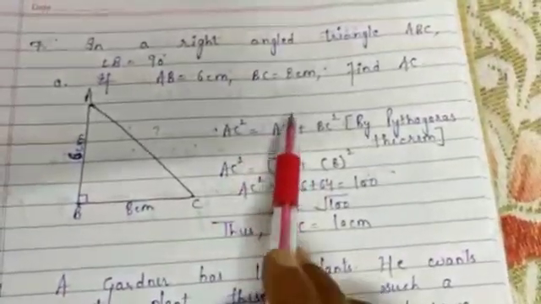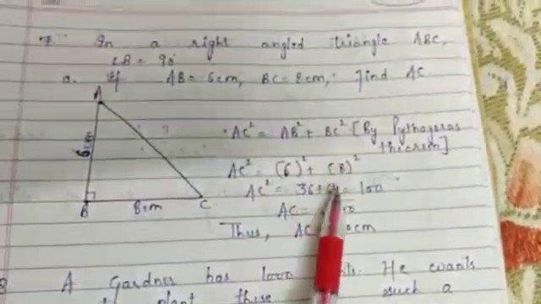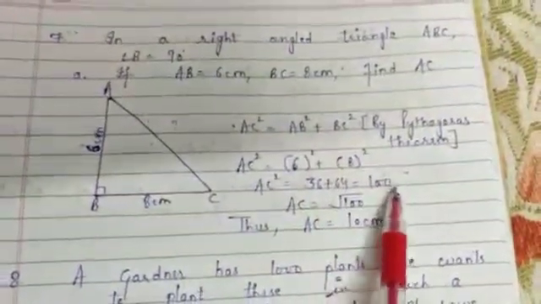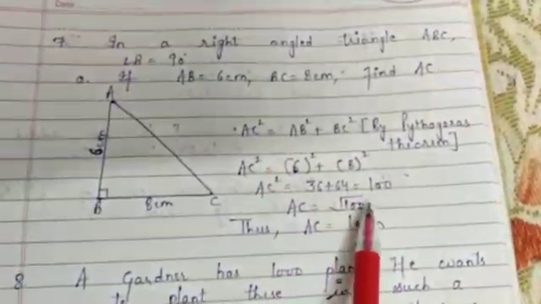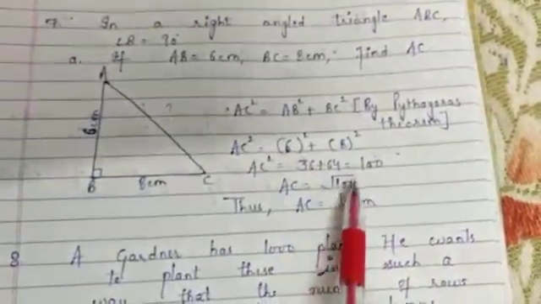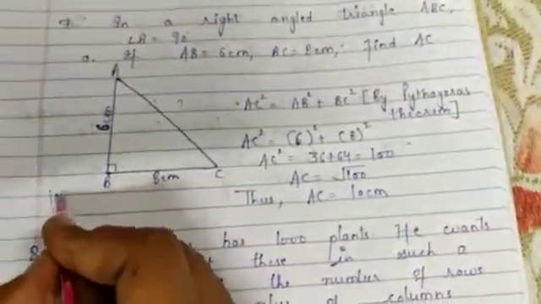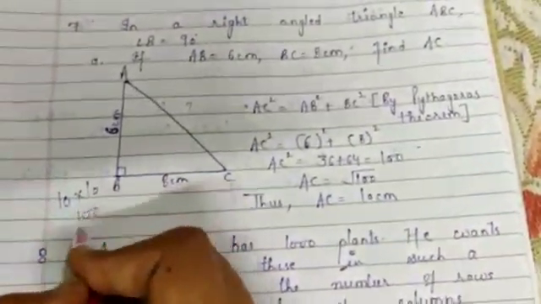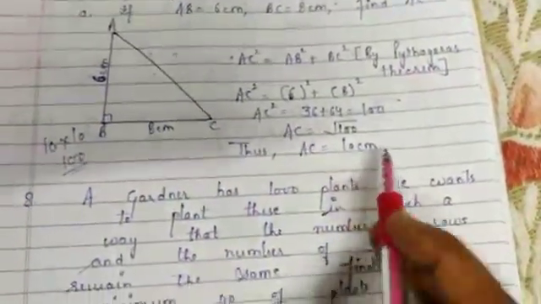So AC square is equal to 6 square plus 8 square. Square of 6 is 36 and square of 8 is 64. It is 100. We'll shift this square here. It will become the square root of 100, and we know that the square root of 100 is 10, because 10 into 10 is 100. So the side AC is 10 centimeters.